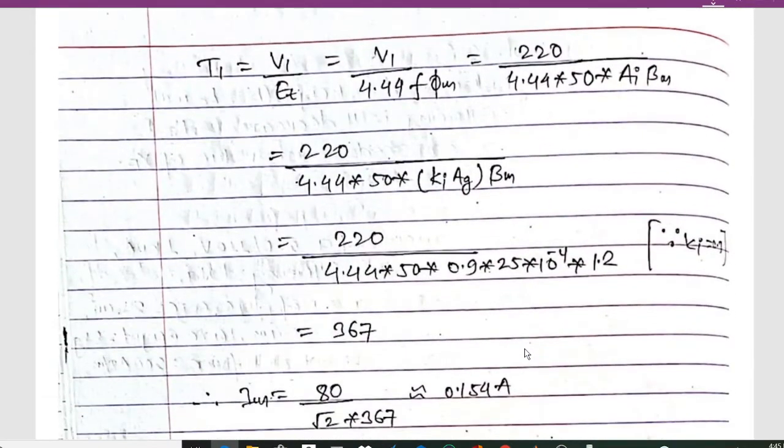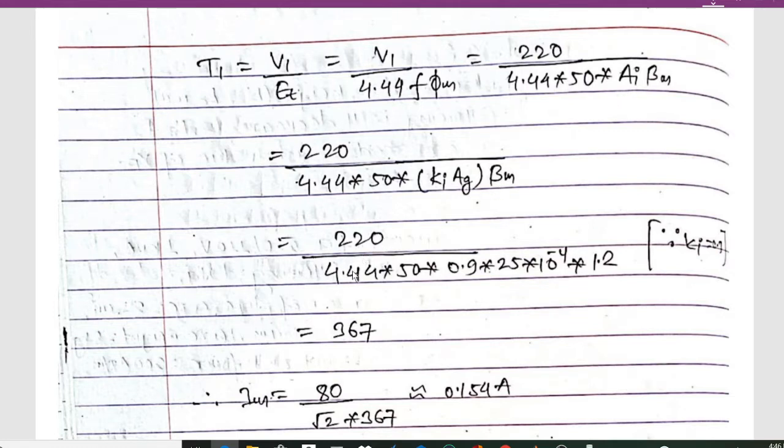And now in order to calculate the T1, we have T1 is equal to V1 upon Et. So V1 upon 4.44 f phi, and V1 is 220, 4.44 and f is 50, and in place of phi we can write Ai into Bm. So 220 upon 4.44 into 50 into, and again in place of Ai you can write Ki into Ag, into Bm.